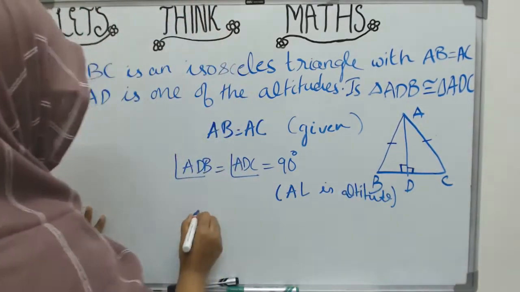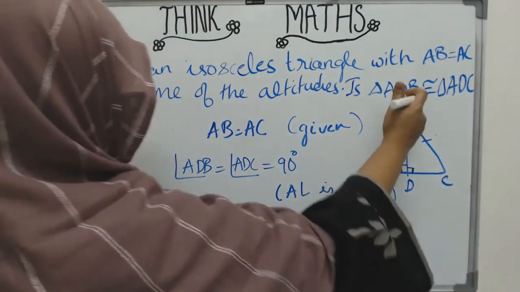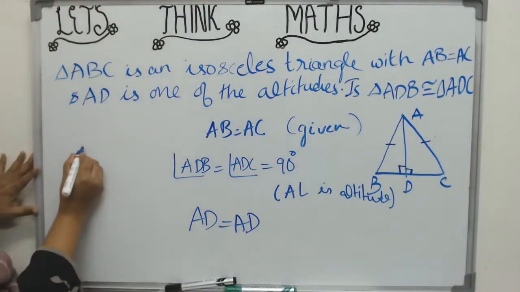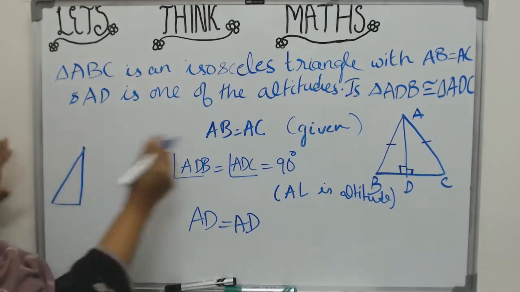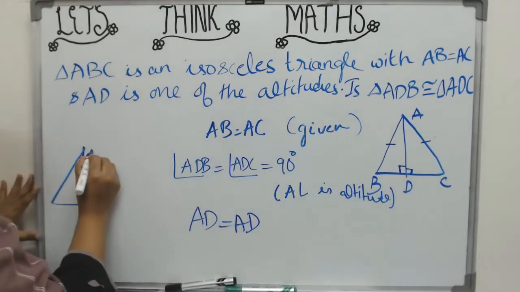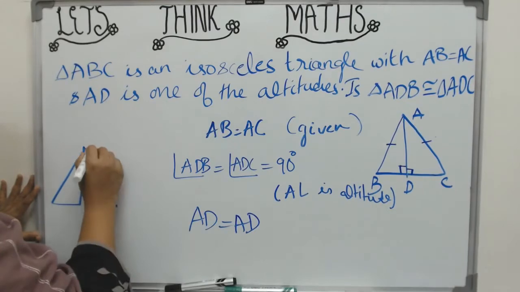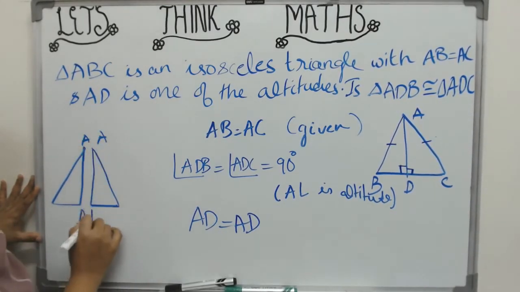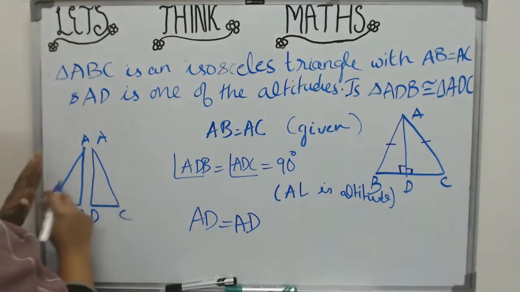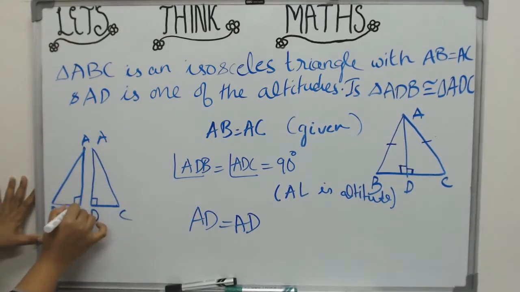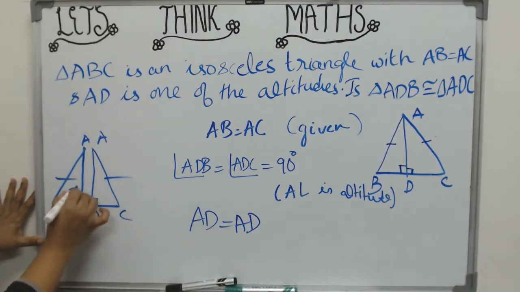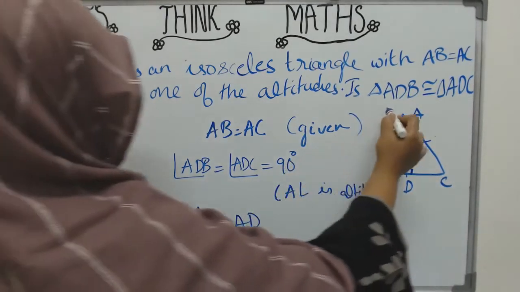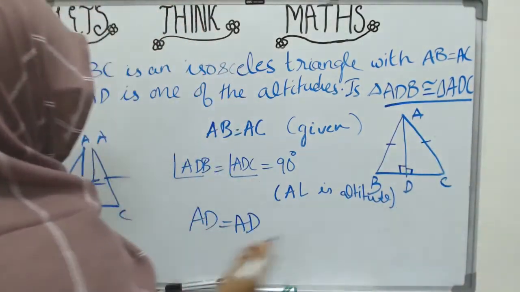And then AD is equal to AD. You have this as the common side, right? So what do we have? We have two triangles. I've just split this one figure into two. So what do we have here? Right angle triangle, equal hypotenuse and one side equal. So by RHS we have proved that ADB is congruent to ADC.